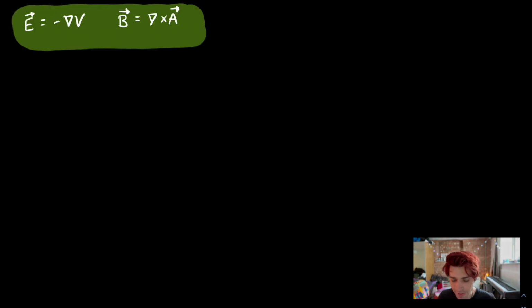So here we go. We have our two equations which characterize both an electric and a magnetic field in terms of a potential function. However, this isn't quite the full picture, because we've only really used these two equations in time-independent problems.